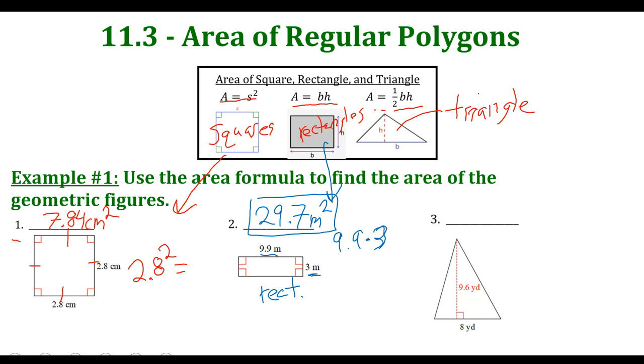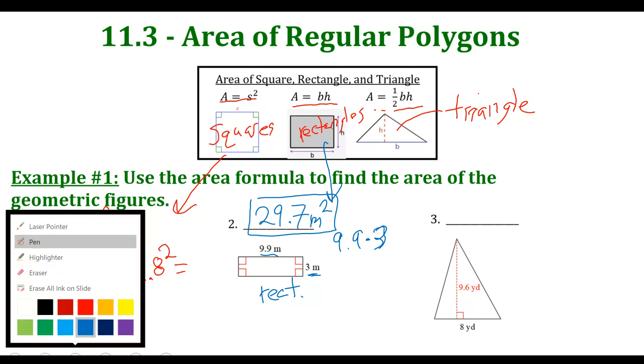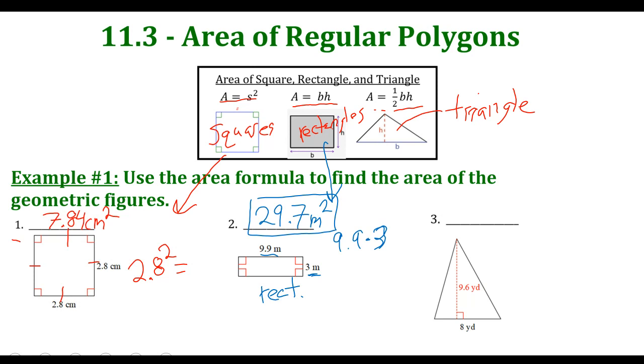Same thing with the triangle here. Different color. The area equals 1/2 times base. Well, the base is 8 times the height, which is 9.6, right? So you could either multiply by half, multiply by 0.5, or divide by 2, whatever floats your boat.